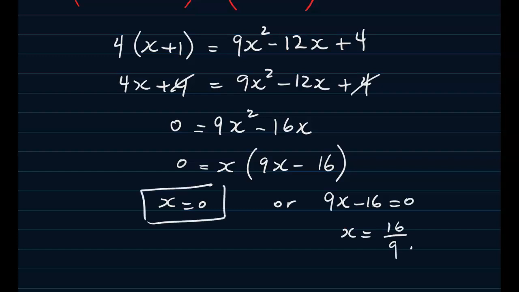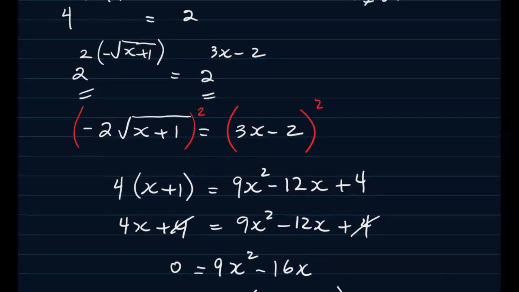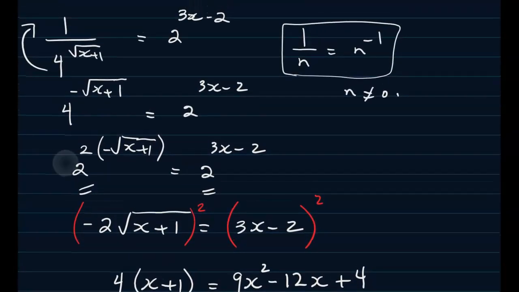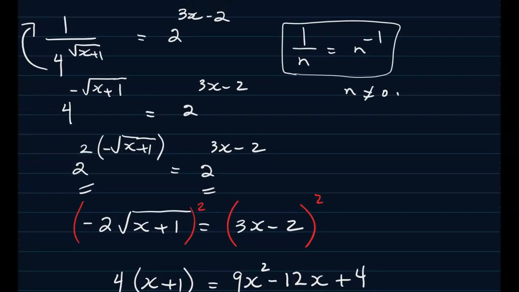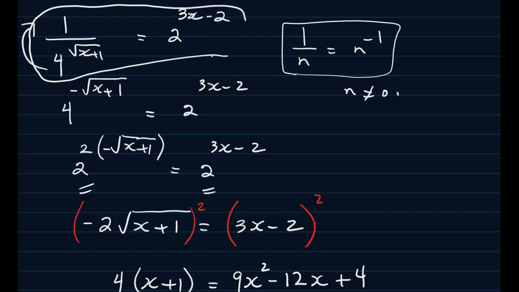Now we have these two answers. We're going to check the answers, and we have to check them using the original equation. So our original equation is right here. We're going to use that to check our answers.